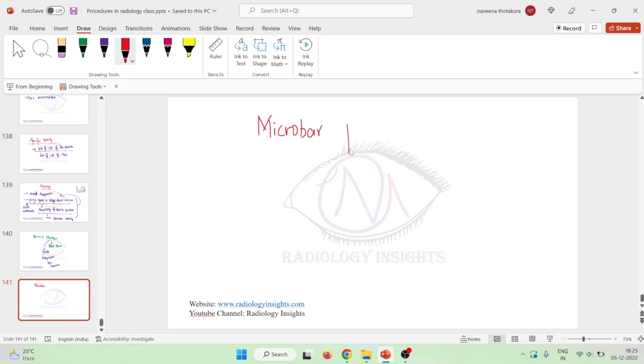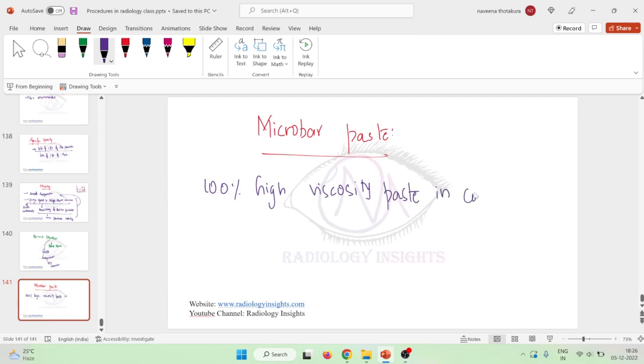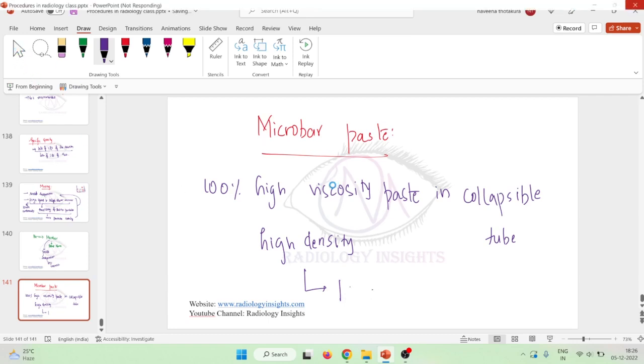First, we have Microbar paste. This Microbar paste is 100% high viscosity paste and it is available in collapsible tubes.